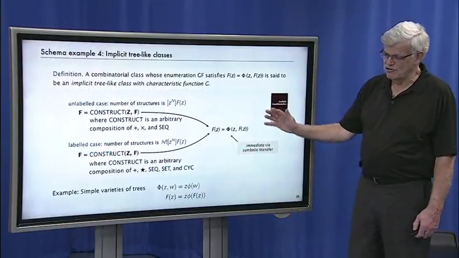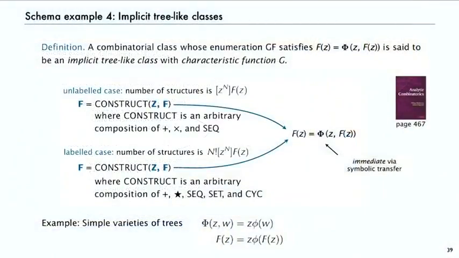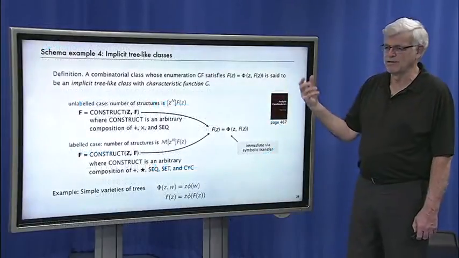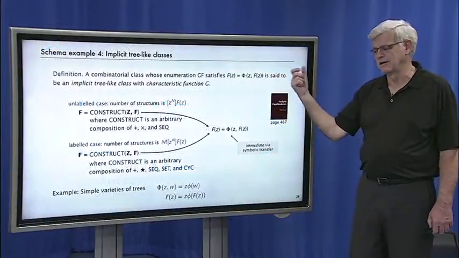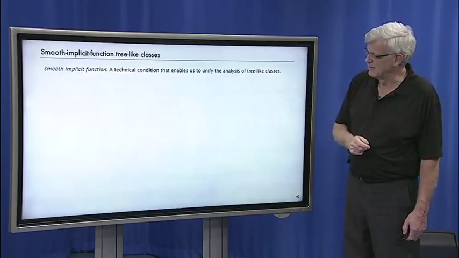And as I pointed out, this generalizes simple varieties of trees, where if we just take our general function capital Phi to be z times little phi of w, that gives simple varieties of trees. Here we're allowing arbitrary functions of z and f(z), implicit tree-like classes.